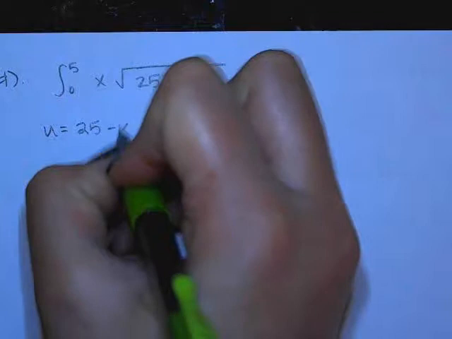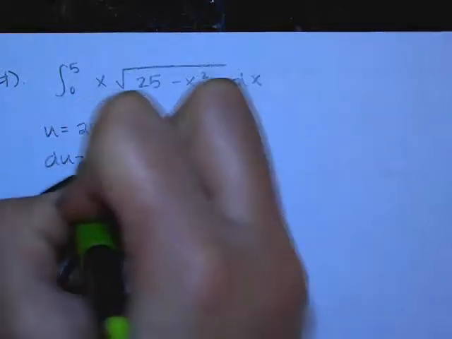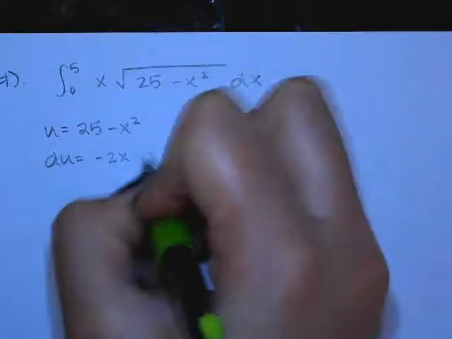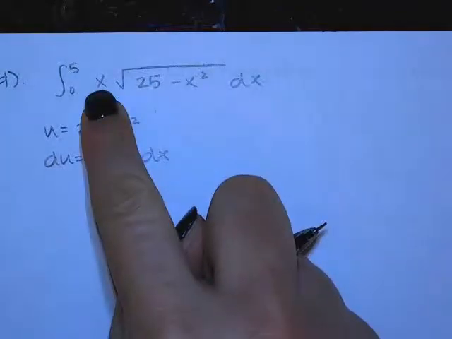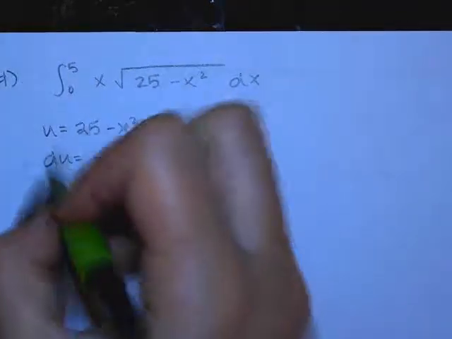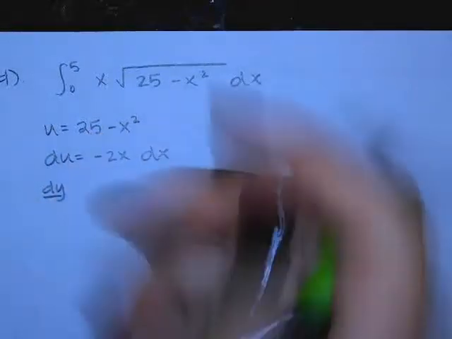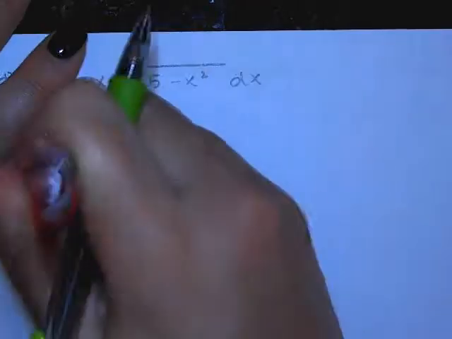So u is going to be 25 minus x squared. du is -2x dx. I can see an x in the problem, but not a -2 in front of it.